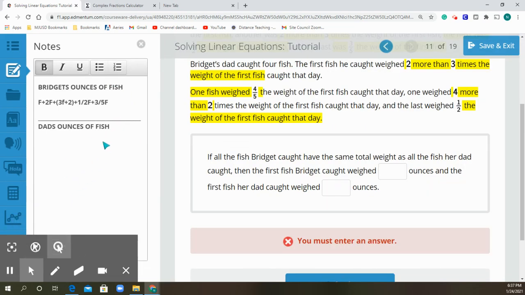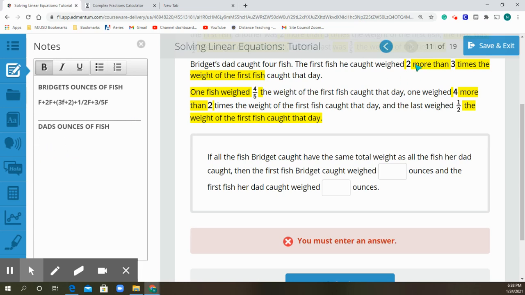Okay, next we need to make the expression for the weight of fish in ounces that Bridget's dad caught. So dad's ounces of fish. I went through and highlighted as best I could the parts of the word problem that we're pulling out to go into the expression.